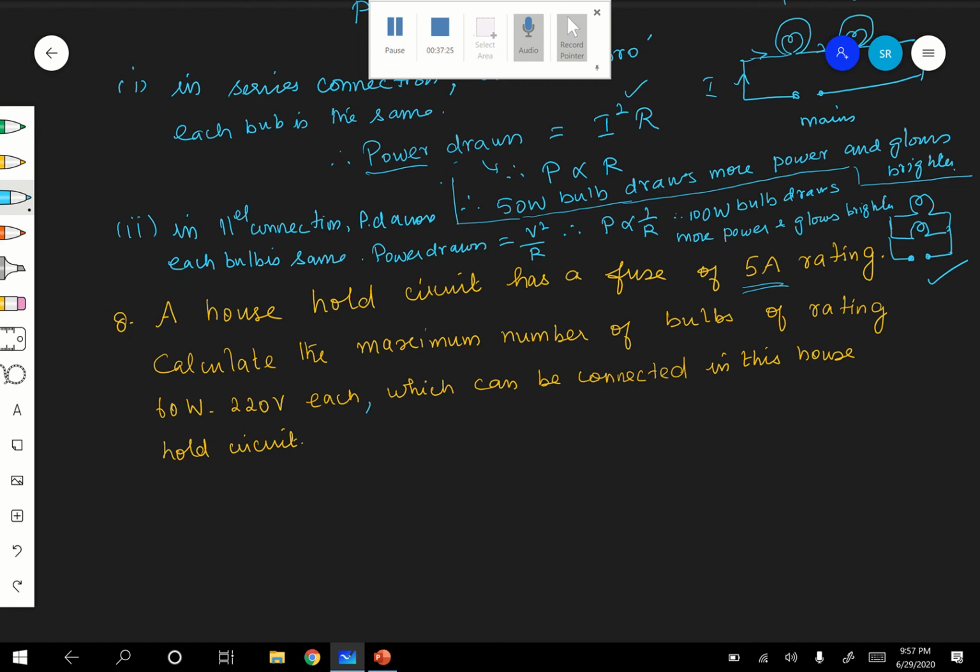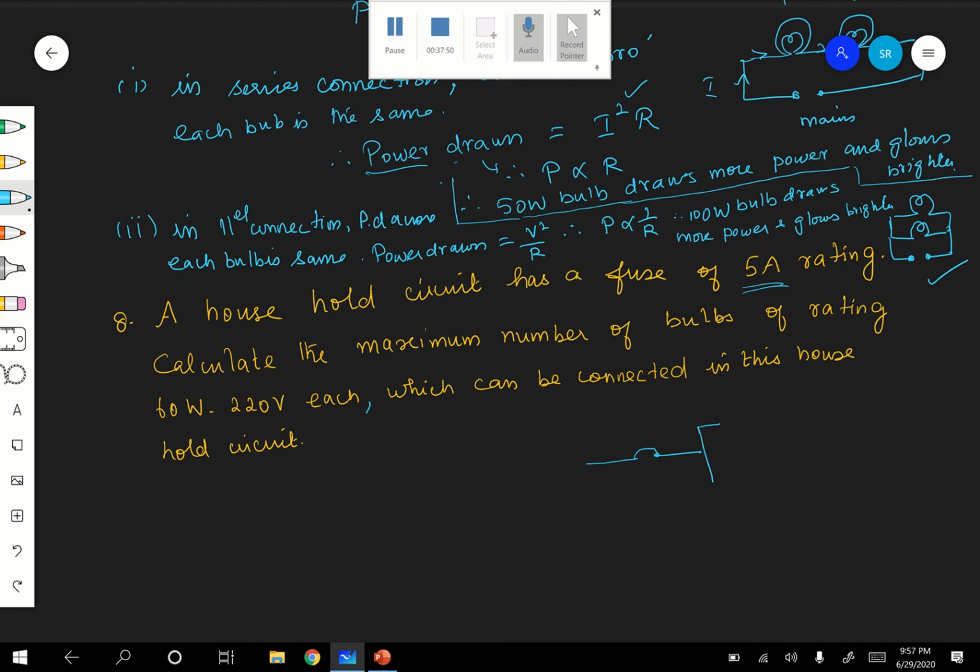Okay. Now see, here is the circuit. Here there is a fuse. Calculate the maximum number of bulbs of rating 60 watt, 220 volt each, which can be connected in the household circuit. Here all the bulbs are connected, you know, the household bulbs.